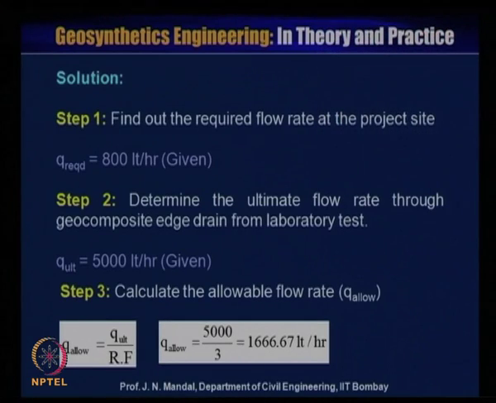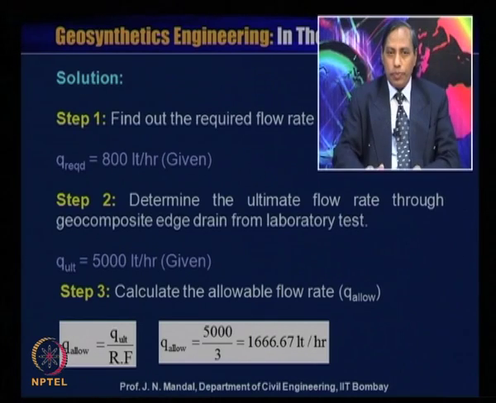It is a very simple solution. Step 1, find out the required flow rate at the project site. So, Q required is 800 liter per hour, it is given. Step 2, determine the ultimate flow rate through the geocomposite edge drain from the laboratory test, that is Q ultimate is equal to 5000 liter per hour, also given.